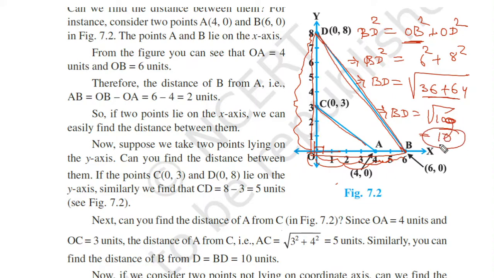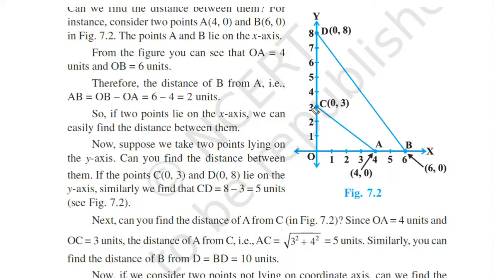Actually, root over of 100 is plus minus 10, but length is always positive. A distance cannot be negative. Therefore, length of BD is equal to 10 units. So, in a similar fashion, we can find the value of BC also.